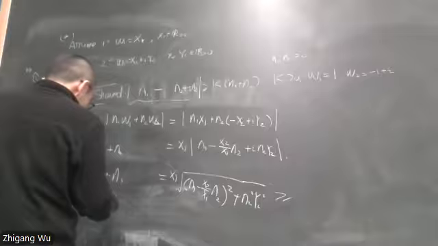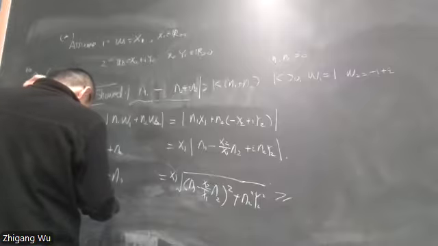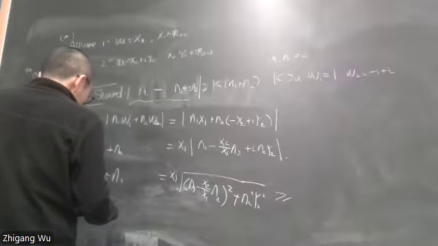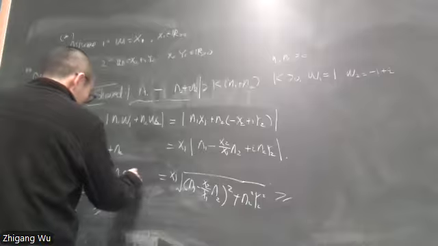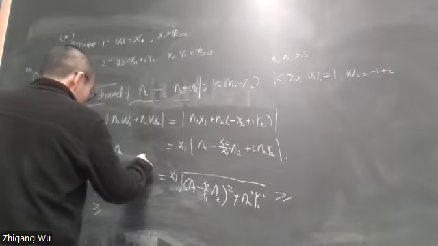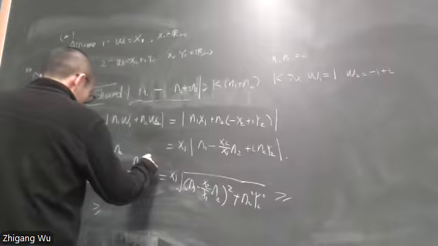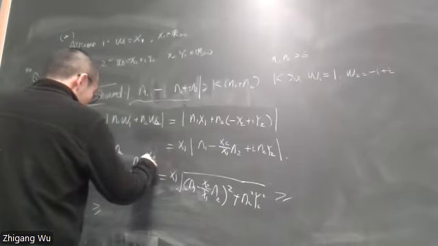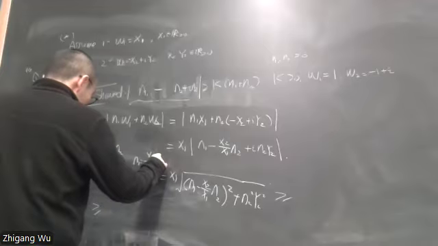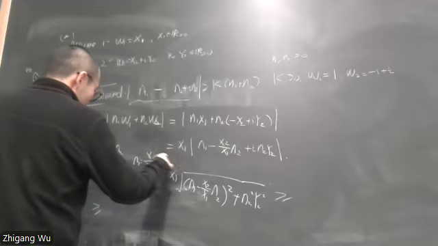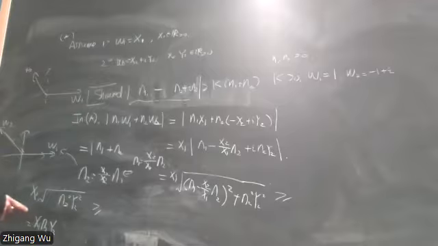So here this n2 plus n1 is exactly, if you transfer everything into n2, so this is equivalent to saying n1 is equal to x2 over x1 times n2, right?